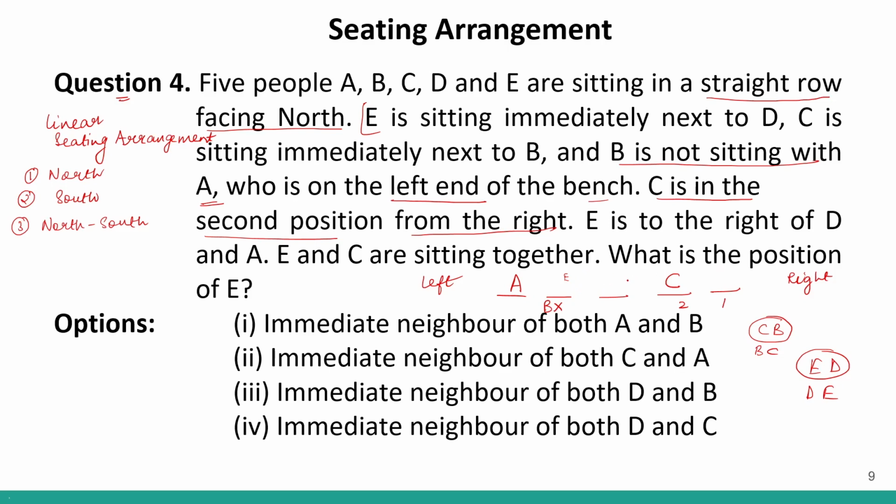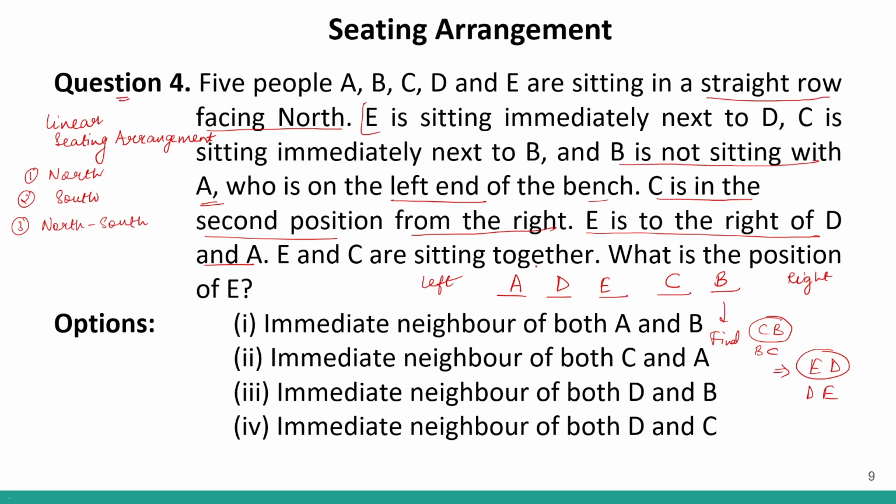But if I place B over here, I will not have 2 adjacent positions for E and D. That means B will definitely come over here. Now we have E and D remaining that we have to place. It is given to us that E is to the right of D and A. That means E is on the right side of both D and A. So E will be over here, D will be over here. This will be my final arrangement. Correct?